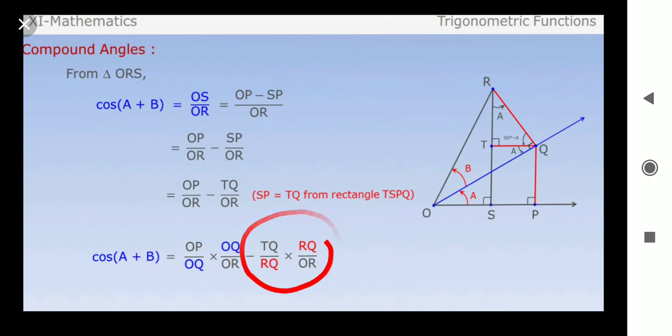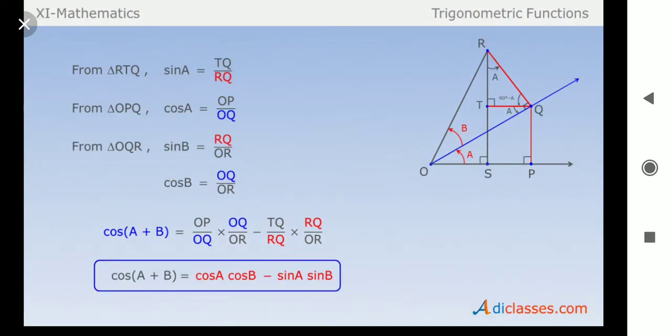Now see what the value of OP by OQ is in the figure. You will understand in the next slide. First understand what OP by OQ is.